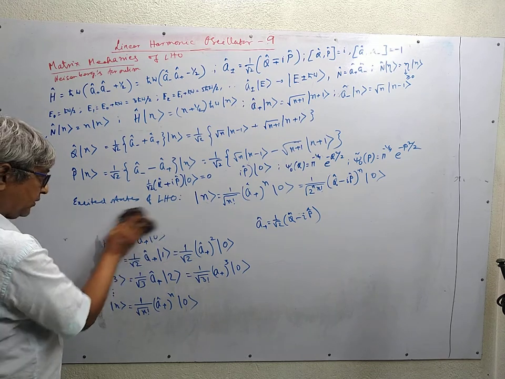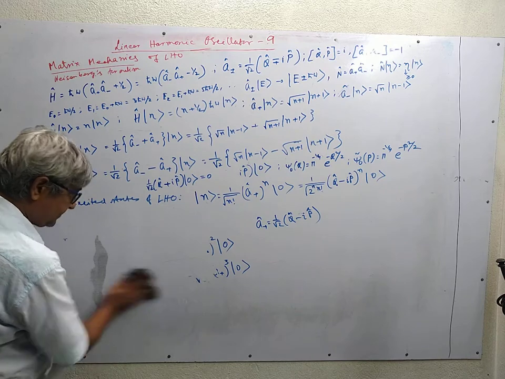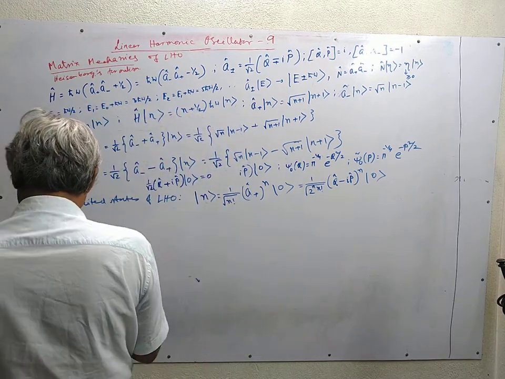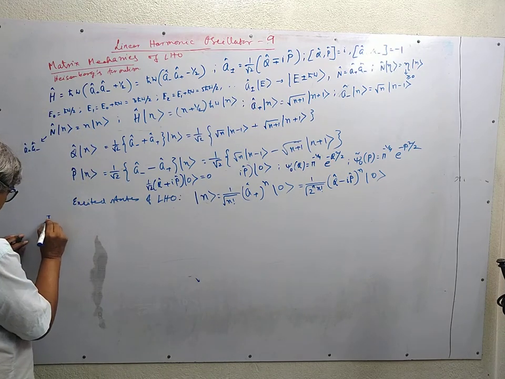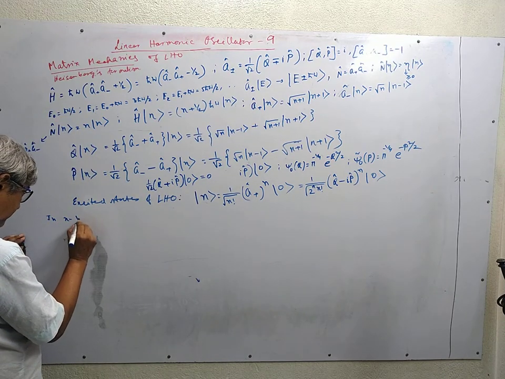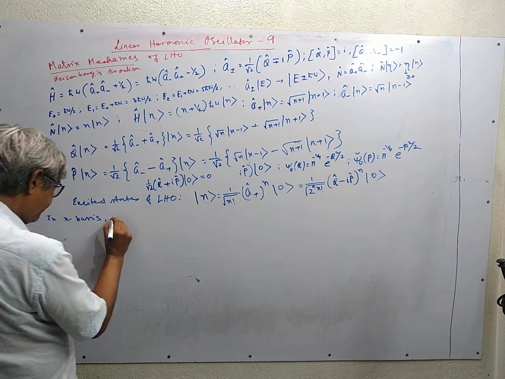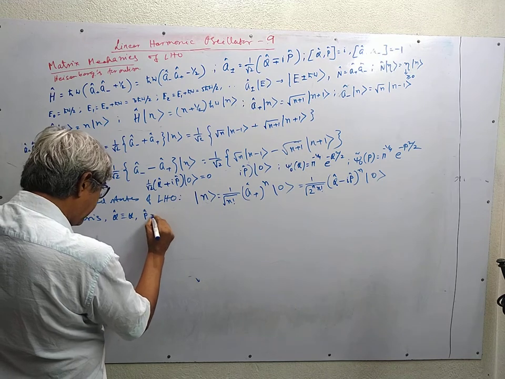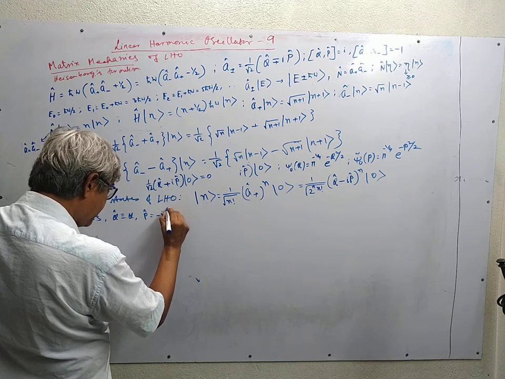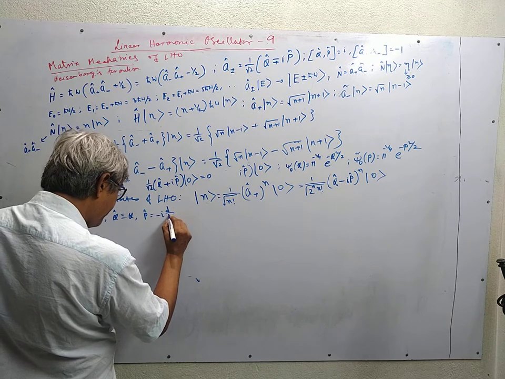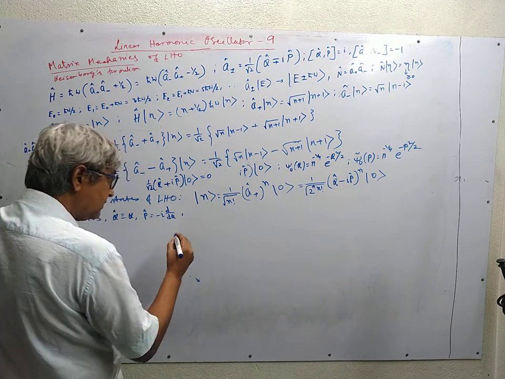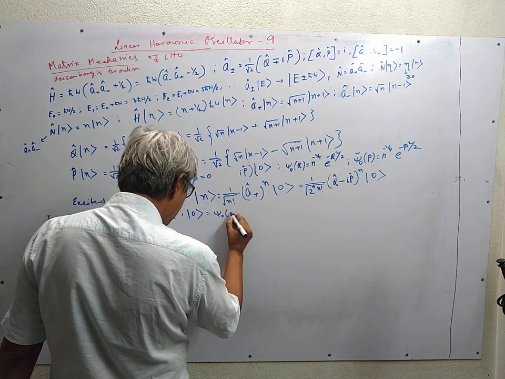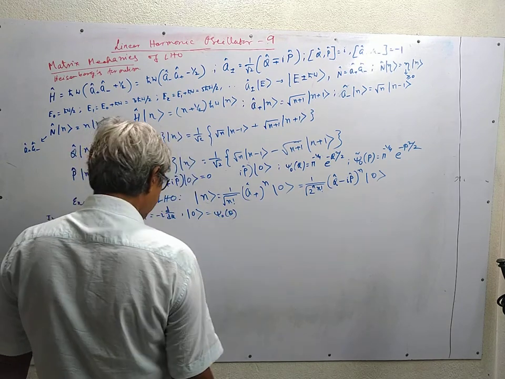Now we go to the position basis and see what happens. The Q operator is Q and the P operator is minus i d/dq, and psi 0 is, this is the definition.